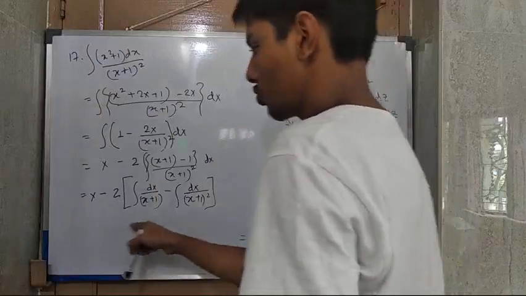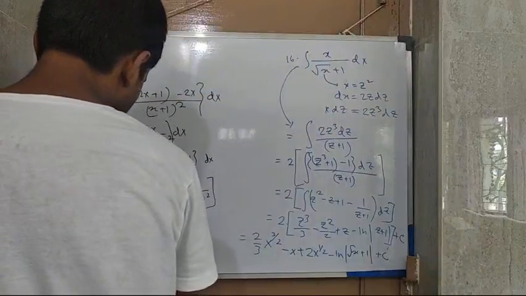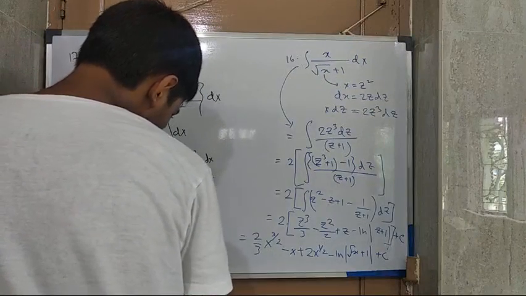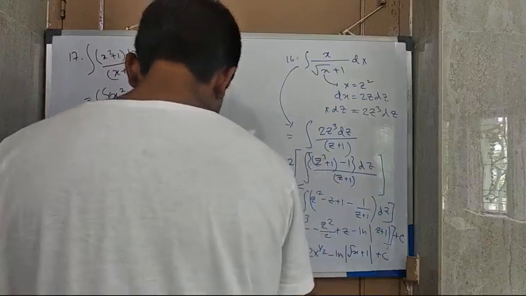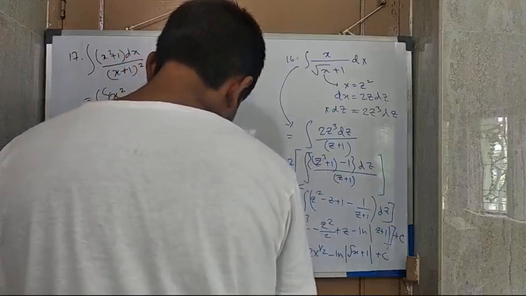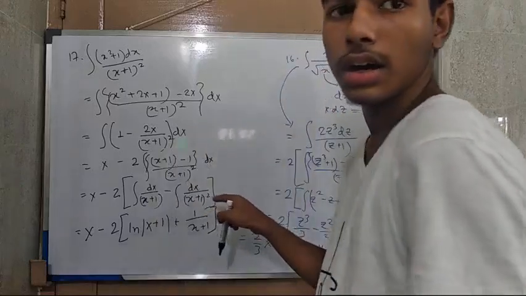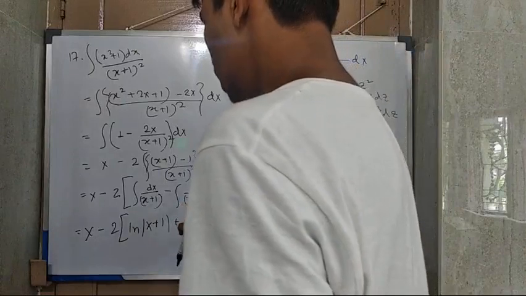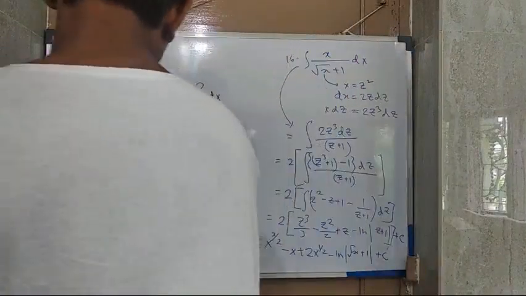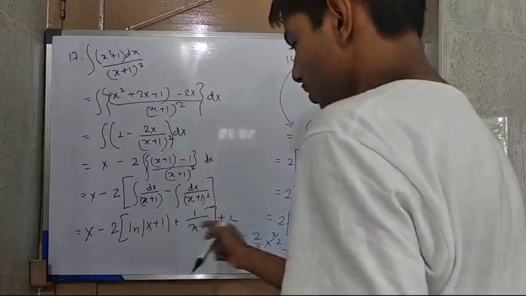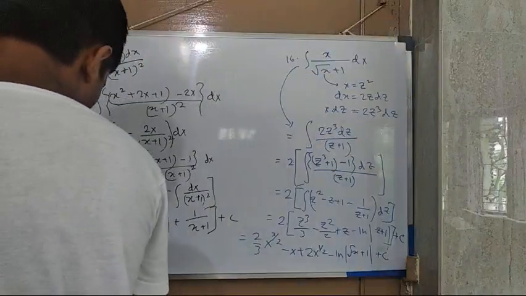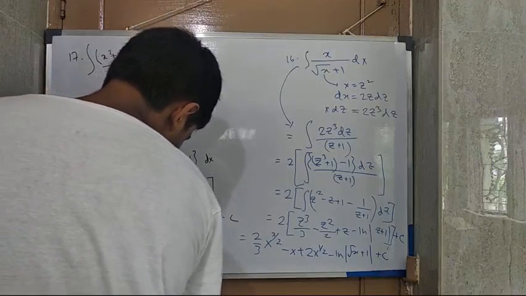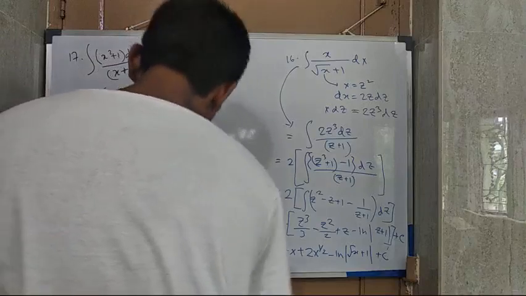So we can write it as x minus 2 times ln x plus 1 plus 1 by x plus 1, plus c. Why is this plus? Because of the minus 2, a minus will come out of this, and this makes it plus. This is the final answer.